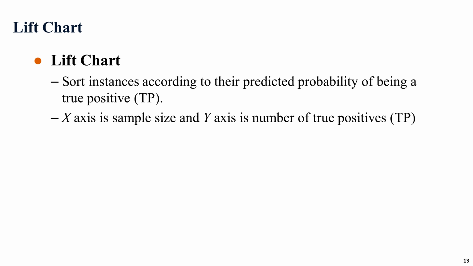Bagging and boosting can be used for increasing the overall accuracy by learning and combining a number of individual models. ROC curves are useful for selecting a good model, and lift charts are measures for classifier performance.